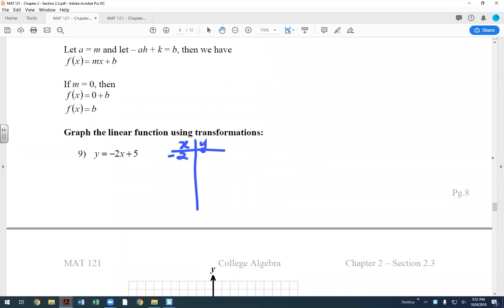So let's do -2, -1, 0, 1, and 2. But remember, we're doing this in steps. We're doing this as transformation. So all base functions are going to be your y equals x, or the identity function we looked at at the top. Now, do you remember the order in which we do multiple transformations?